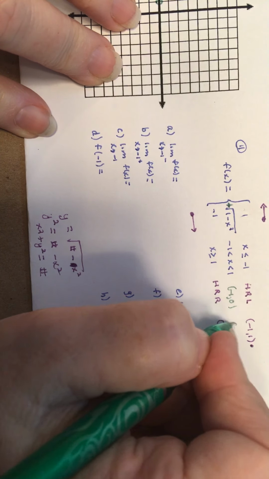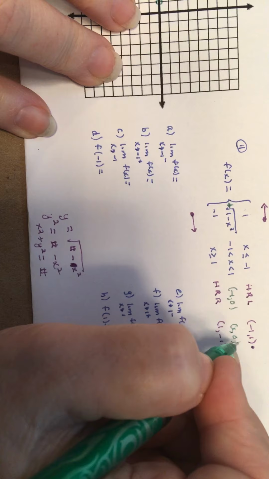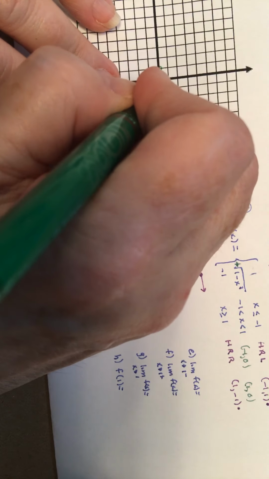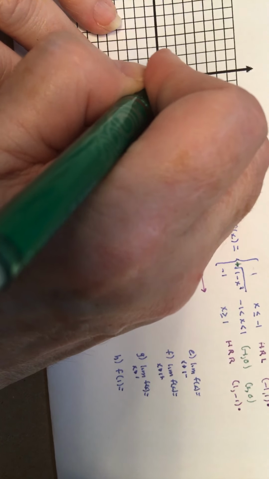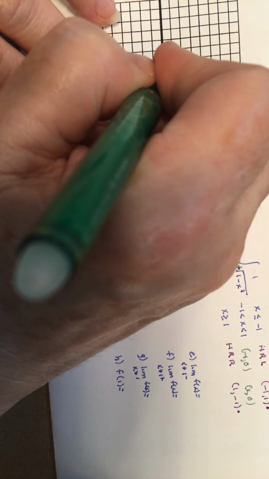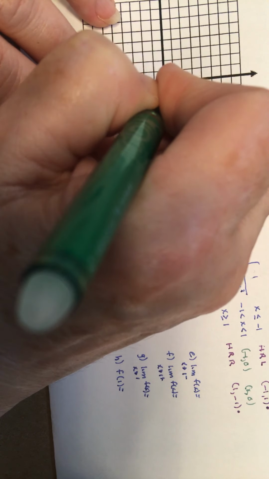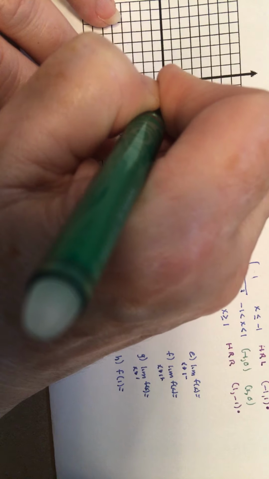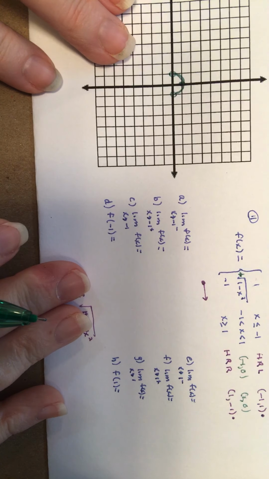So it's 1, 0, negative 1, 0. And I'm going to go 1 up, and that one's closed because it's the top half. So I'm going to get this cute little semicircle of radius 1.